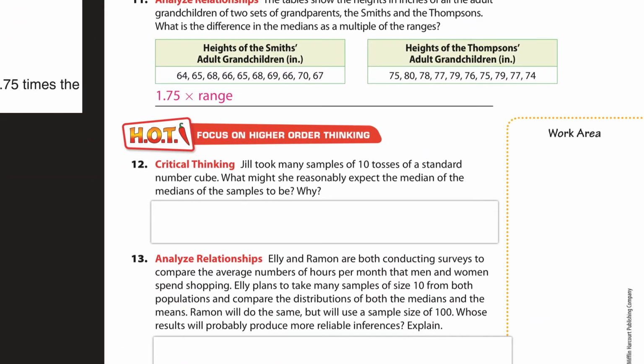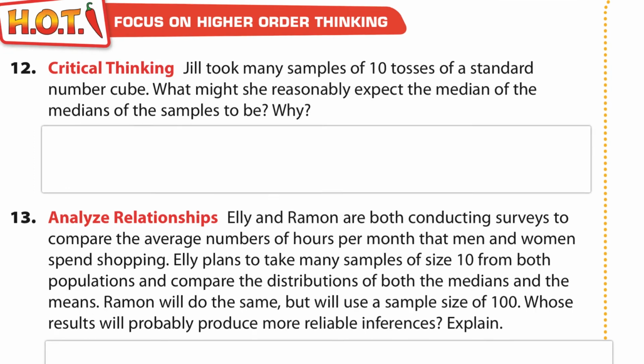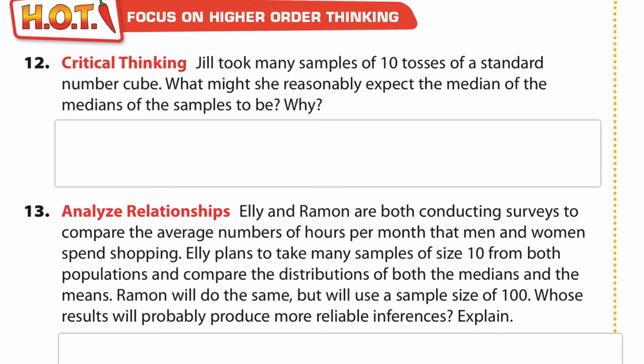And number 12, Jill took many samples of 10 tosses of a standard number cube. And when we're talking about a number cube, we're talking about a number die, I believe it's spelled DIE.